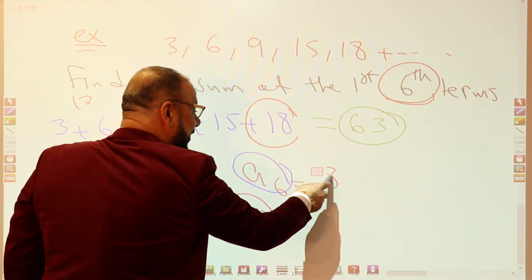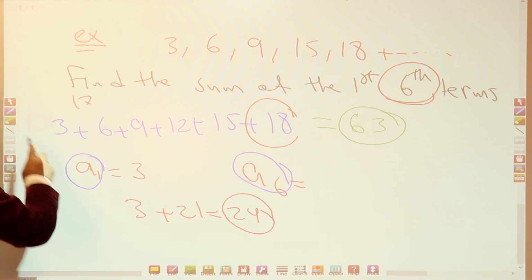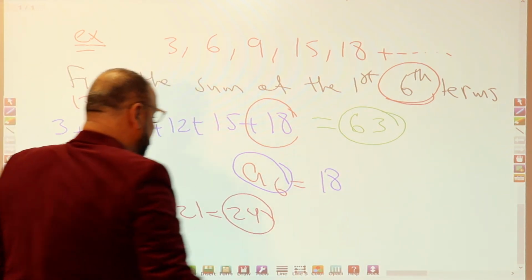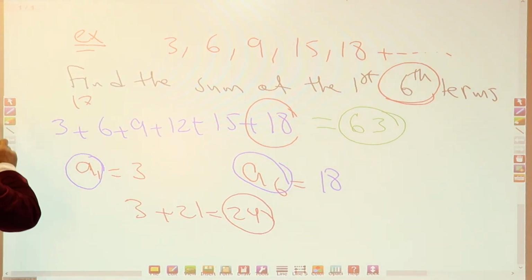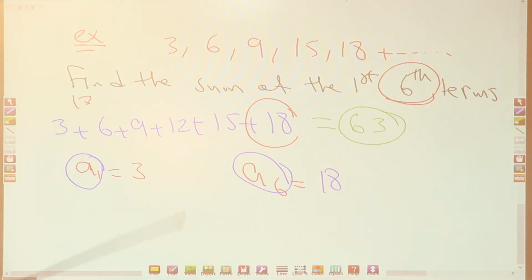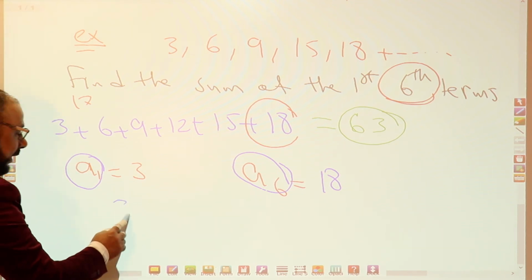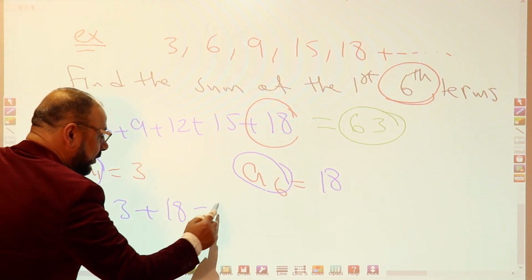But look here, this is good, you can do it for these numbers. What I have to do to find the sum quickly: a_1 is 3 and the last term is 18. 3 plus 18 is 21.